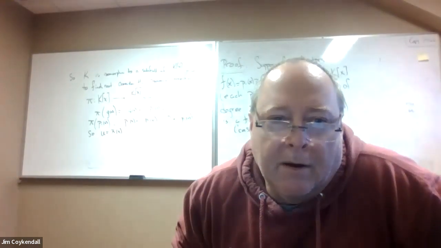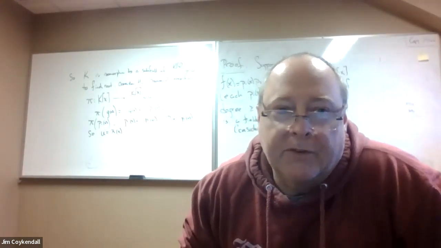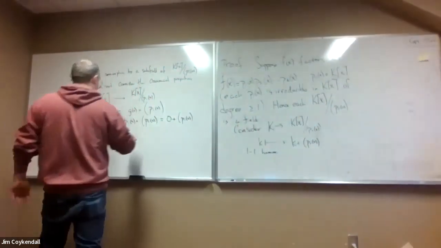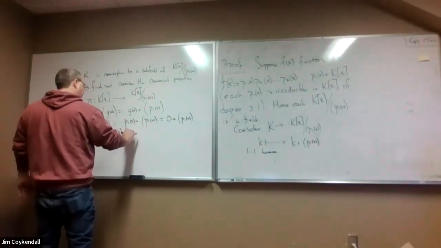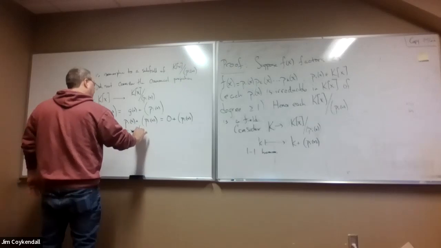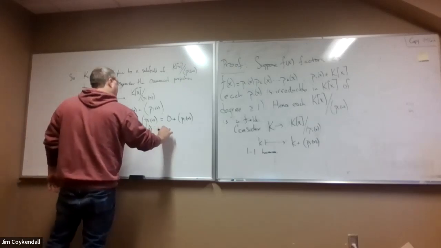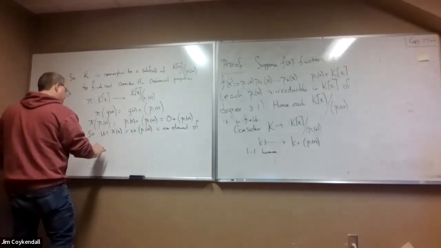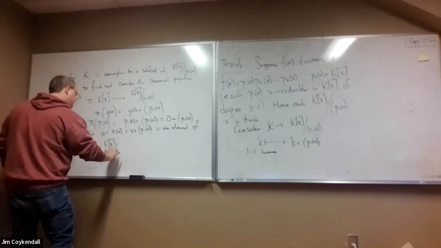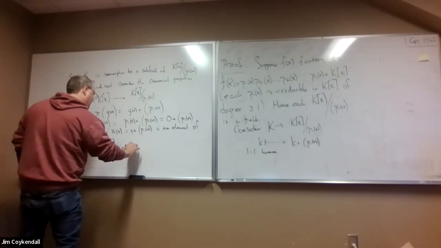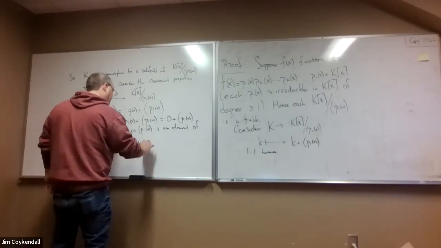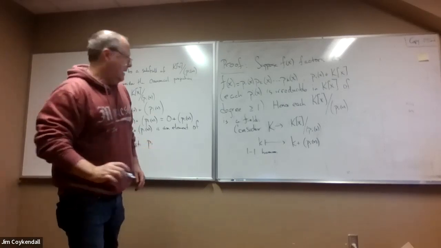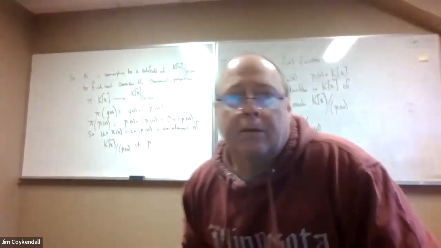This is an element of, if you look at π(x), this is an element of that coset such that π(u) is 0. x is equal to 0.